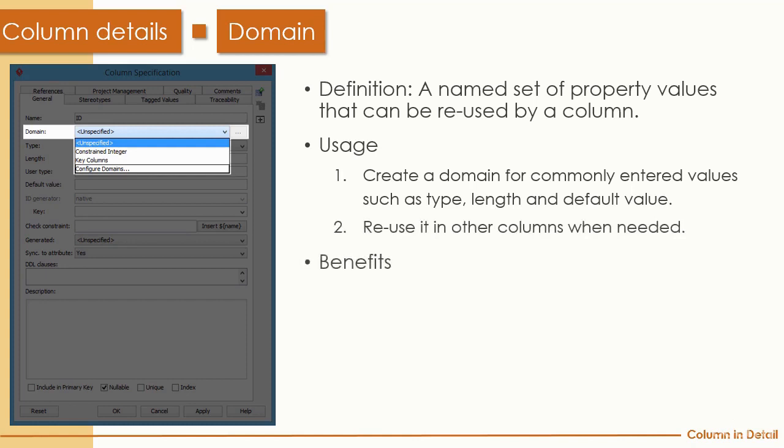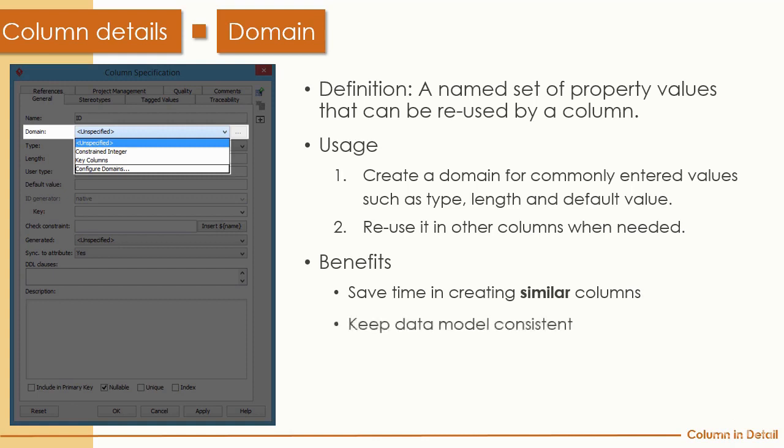The benefit of using the domain is you can save time in creating similar columns. For example, you have a datetime format for your company. You don't use the system datetime. You want to use a varchar to store in your own format. Then you can define it as a domain. And also it keeps the database design consistent.